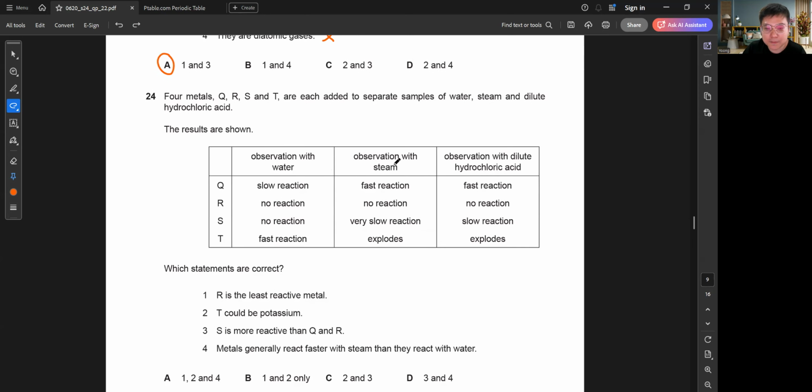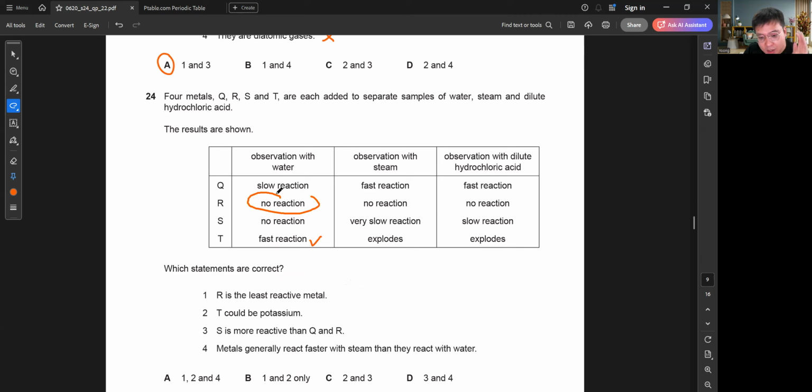Number 24. QRST. All right, so okay, so observation with water. If anything can react with water, it means it's highly reactive. So when this one has a fast reaction with water, T is the most reactive.